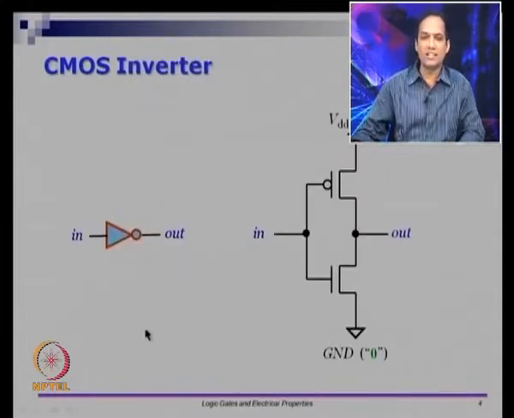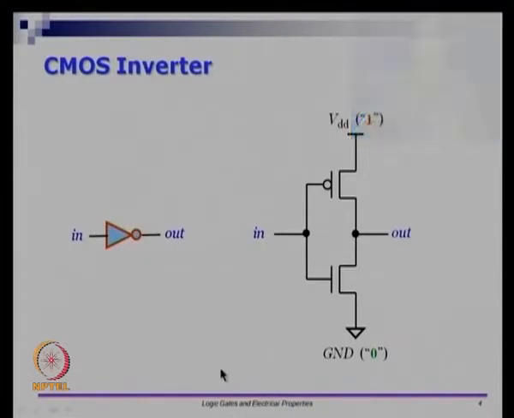We know that the electrical symbol for an inverter is this. I am going to show you electronically how this device would look. Electronically this is what you will have. This is called a fully complementary MOS inverter. So, you have a PMOS device and an NMOS device, and the gate inputs for both transistors are connected to the input.